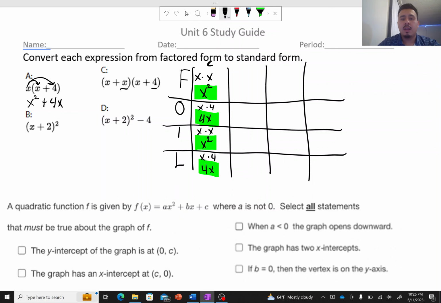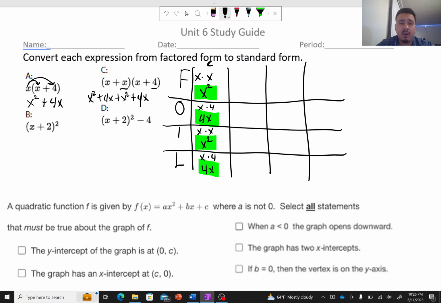If there is a negative, instead of adding, I'll subtract them, okay? So I'm going to end up with x squared plus 4x plus x squared plus 4x.